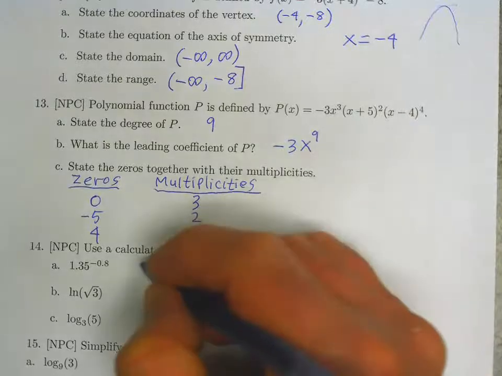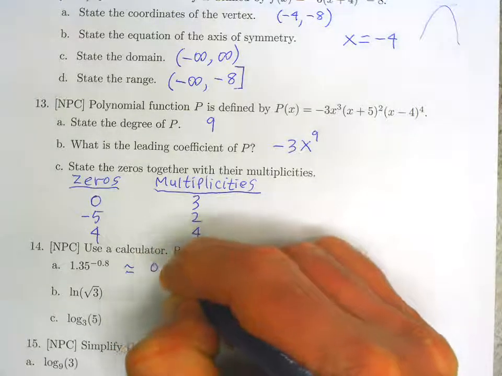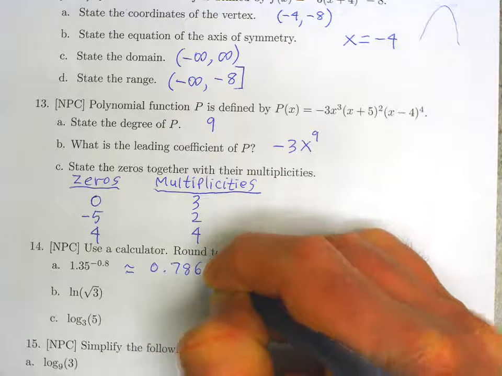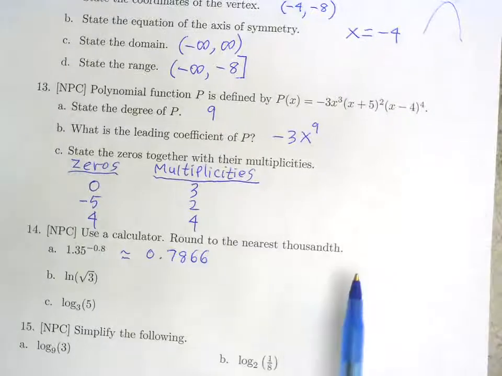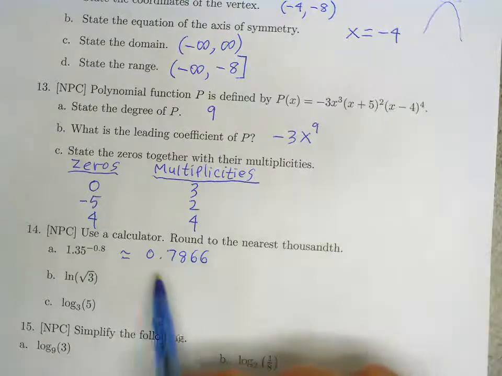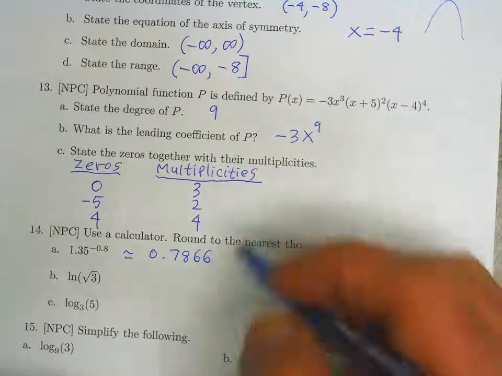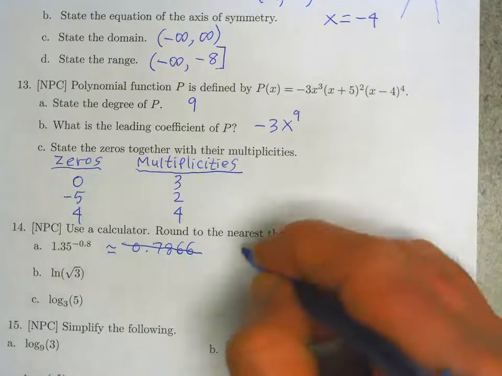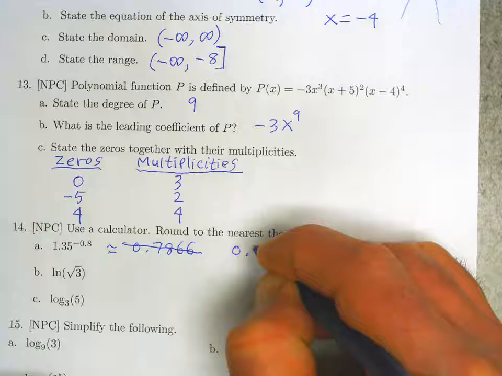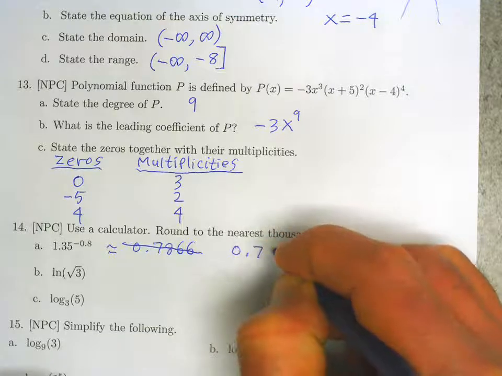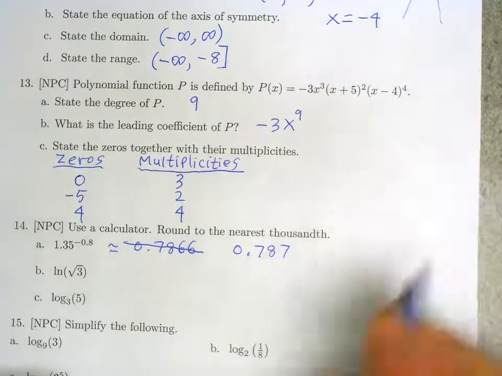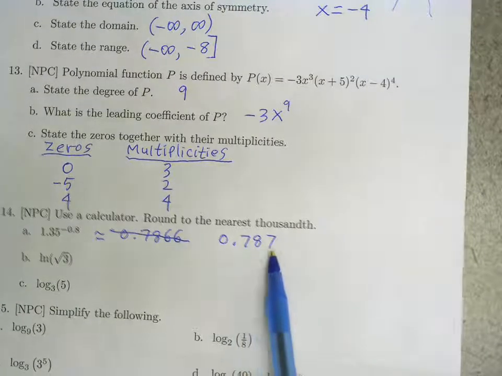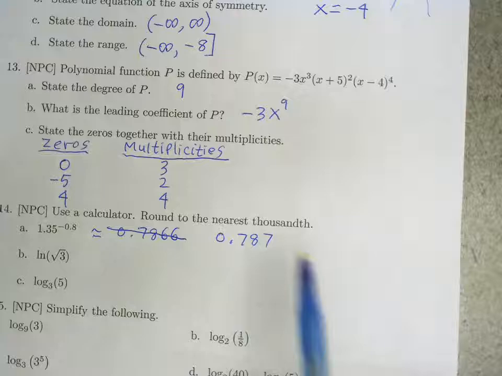I'm going to get 0.7866 when I round it to the nearest, oh, sorry, tenths, hundredths, oops. 3 decimal places is the nearest thousandth. So 0.787. Yeah, tenths, hundredths, thousandths, 3 decimal places.